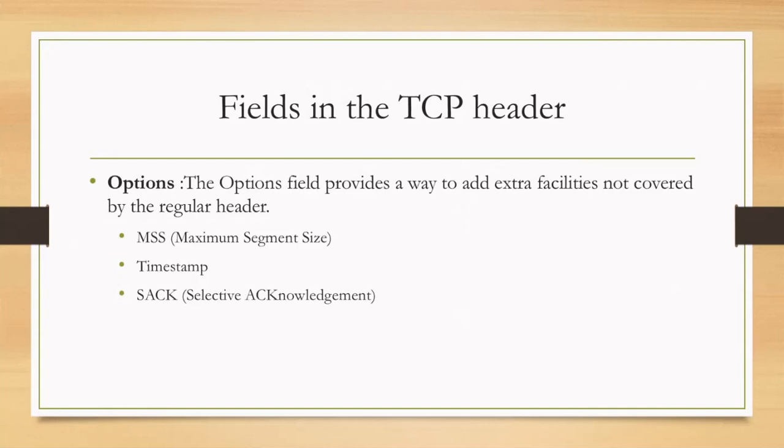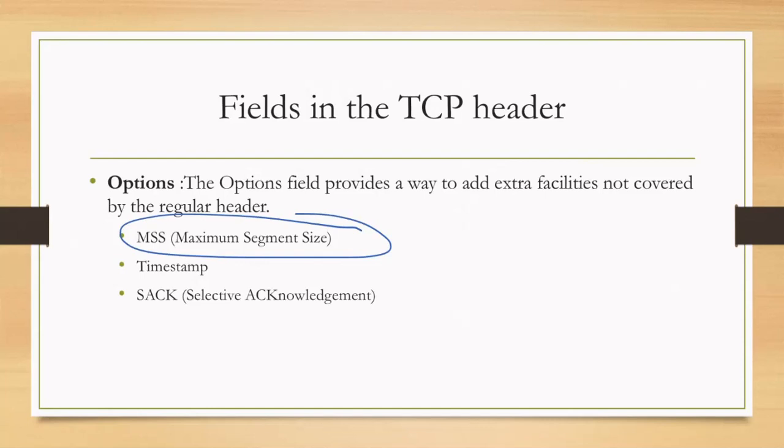Some of the common things that are used as options is something called the maximum segment size, MSS. During connection setup, each side can say that this is the maximum segment size that I can accept.